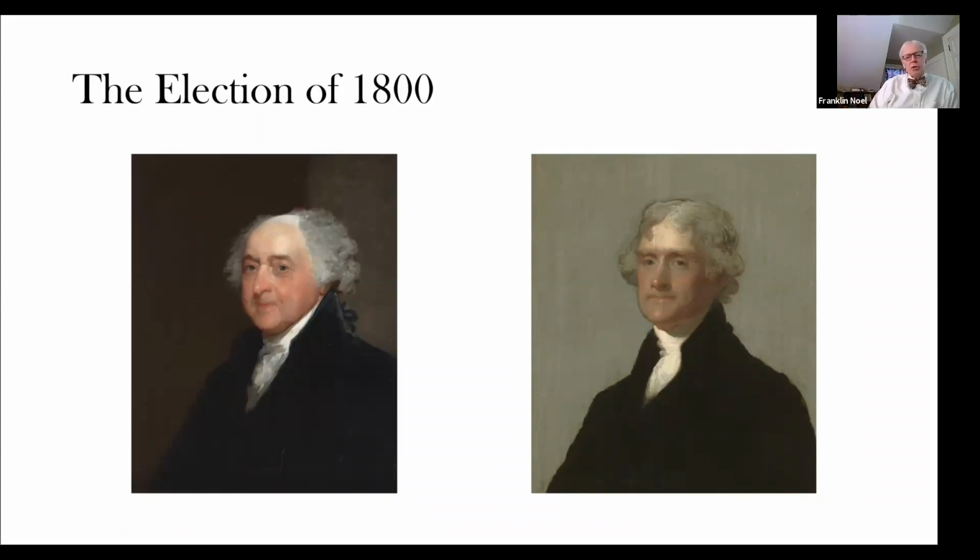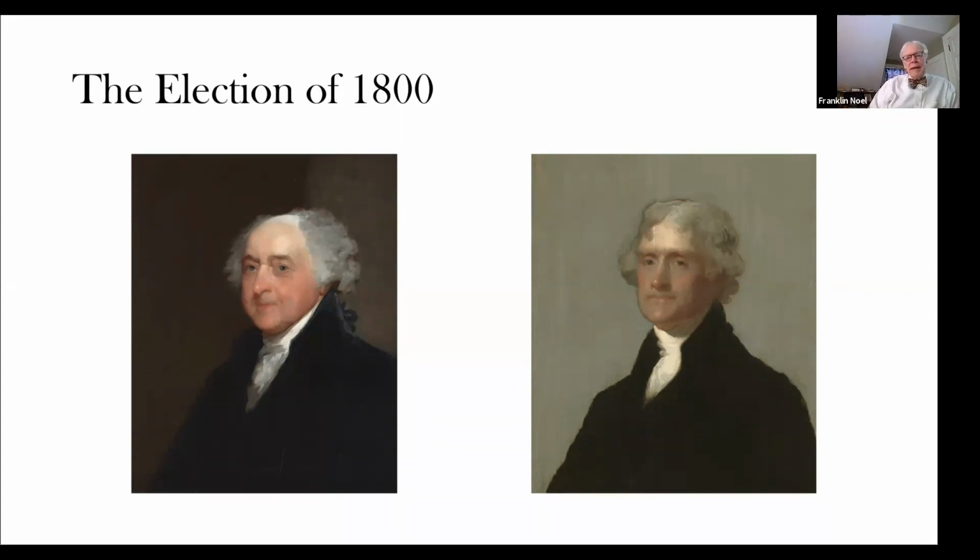The Constitution, as originally adopted, called for each elector in the Electoral College to cast 2 votes, without designating which was for president and which was for vice president. The top vote getter would become the president, and the runner-up would become the vice president. That's how John Adams and Thomas Jefferson were elected in 1796.